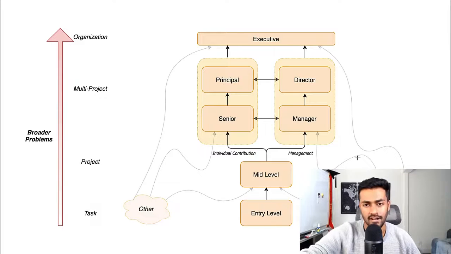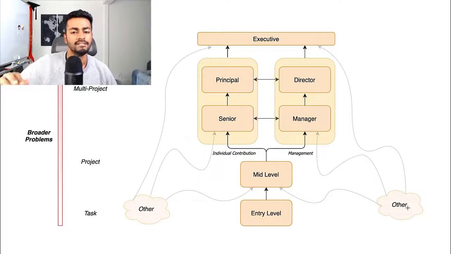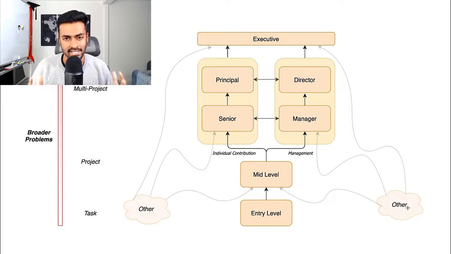Also, to close things off here, I put some gray lines coming from these clouds with "other" in the middle of them. This basically shows that data science itself is a very welcoming field for people of various backgrounds.